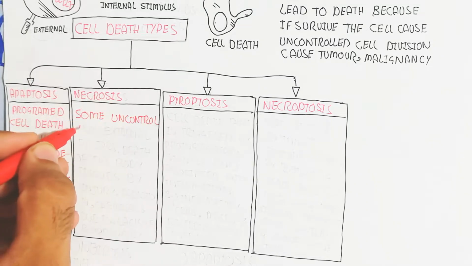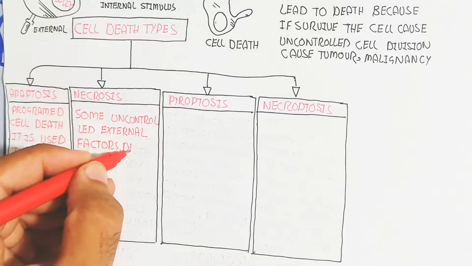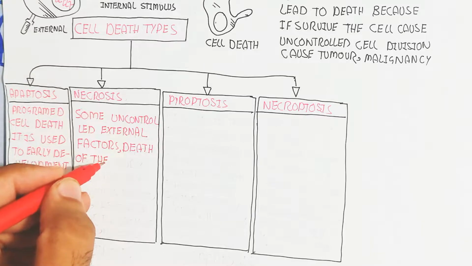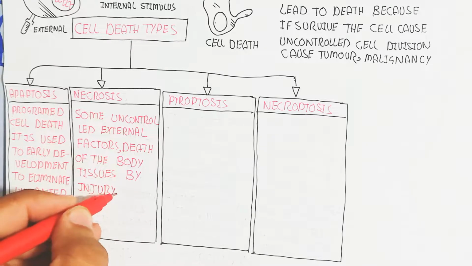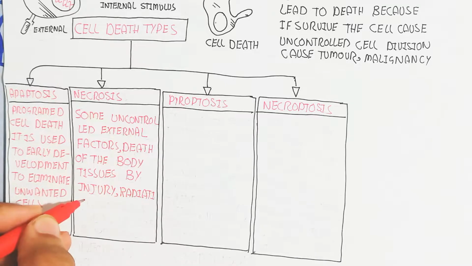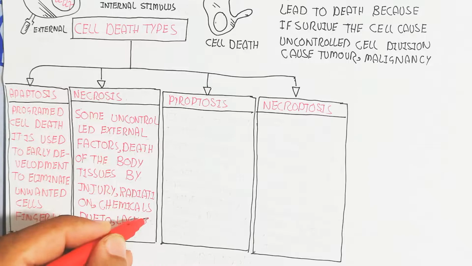On the other hand, necrosis is caused by uncontrolled external factors: death of body tissue by injury, radiation, chemicals or lack of blood supply is known as necrosis.